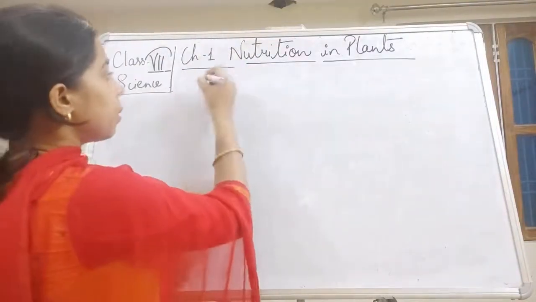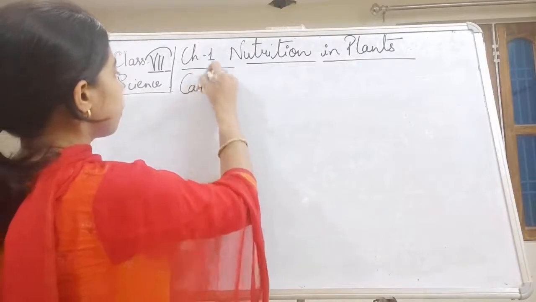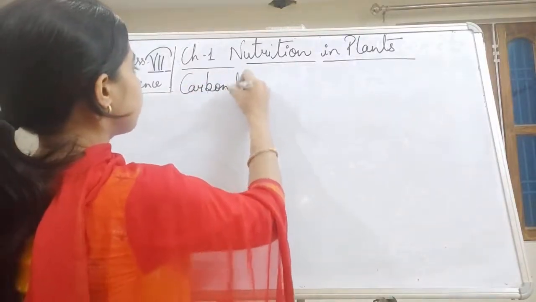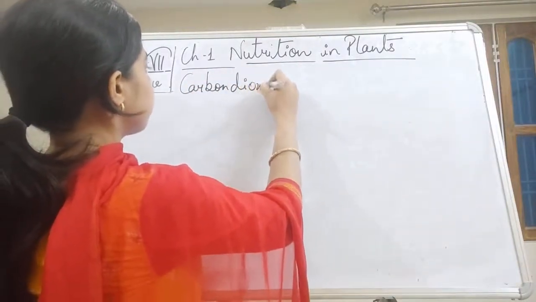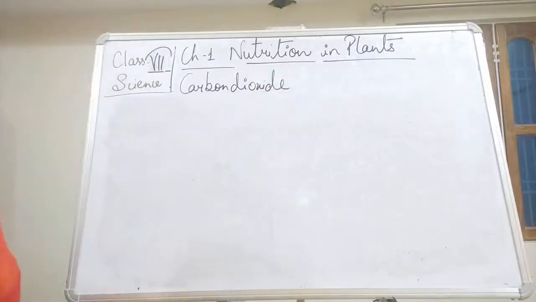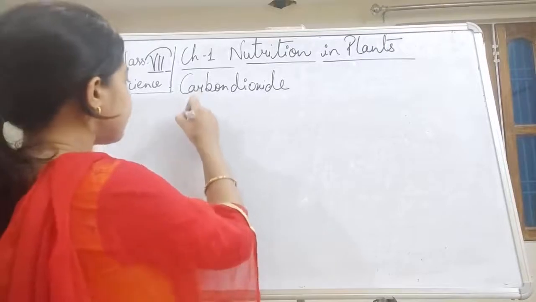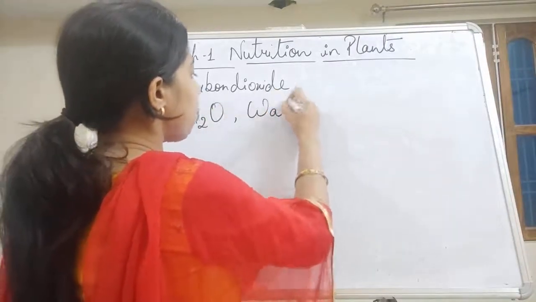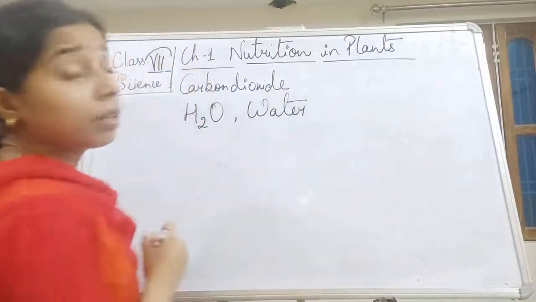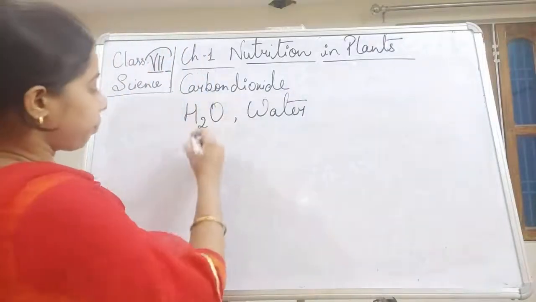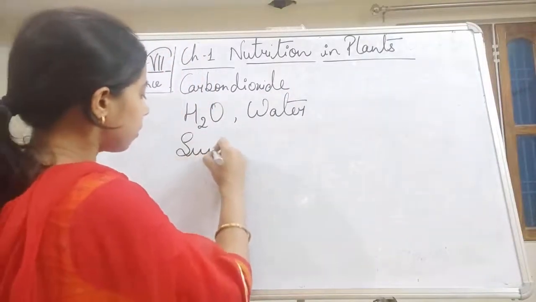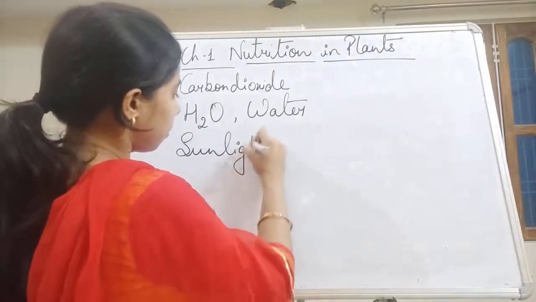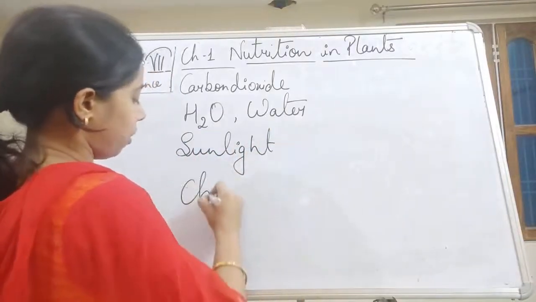So carbon dioxide, then water, which we represent as H2O. Then students, sunlight and chlorophyll.